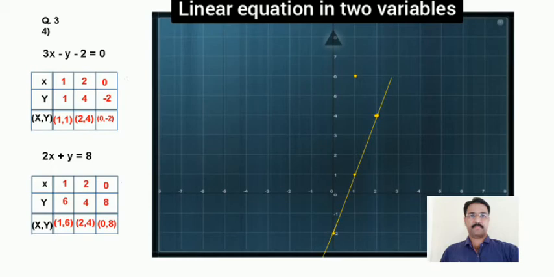Now from these 3 points, again we have to draw the line. Now just very carefully we have to extend it from both sides. Now, where is the answer? The intersecting point is (2, 4), that is the answer. Understand?